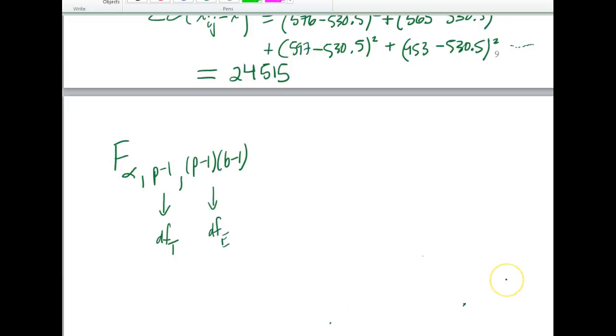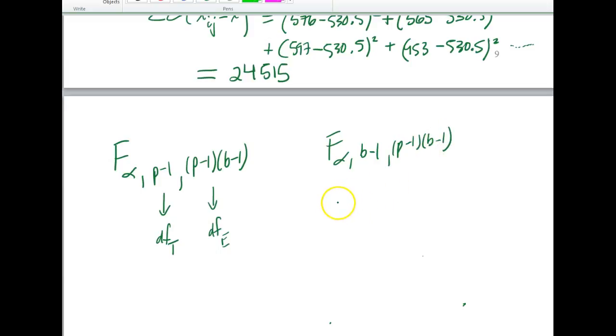Likewise, if we want to compare our critical value for the block, similarly, we would have F of alpha, B minus 1, comma, P minus 1 times B minus 1.